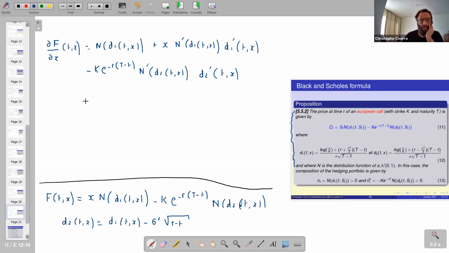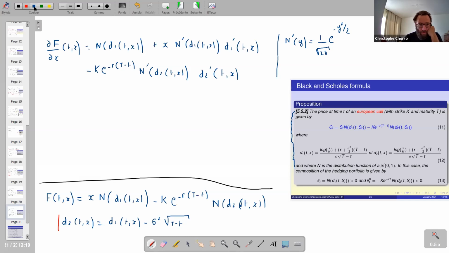So I can compute a little more. Keep in mind first that the derivative of the distribution function, capital N, is just the density function of my N(0,1). And I also have that d2 is equal to d1 minus sigma, the square root of capital T minus t.